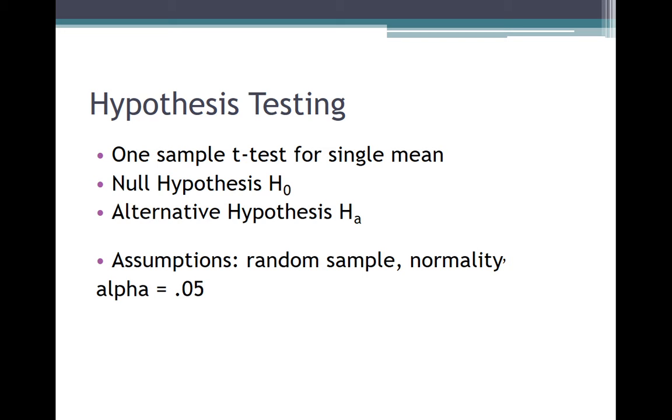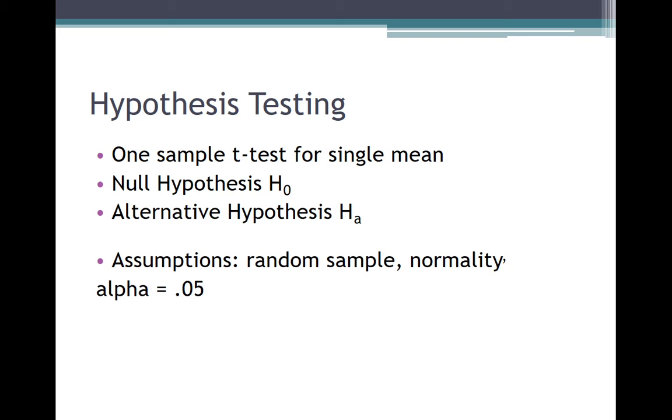So here's the general process that we'll go about. First of all, we're going to state the test. This is a one sample t-test for a single mean. Then I'm going to take some hypotheses.